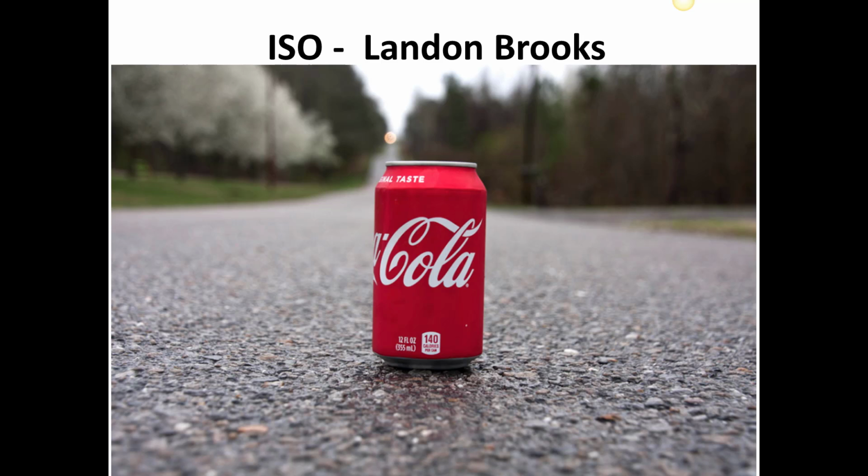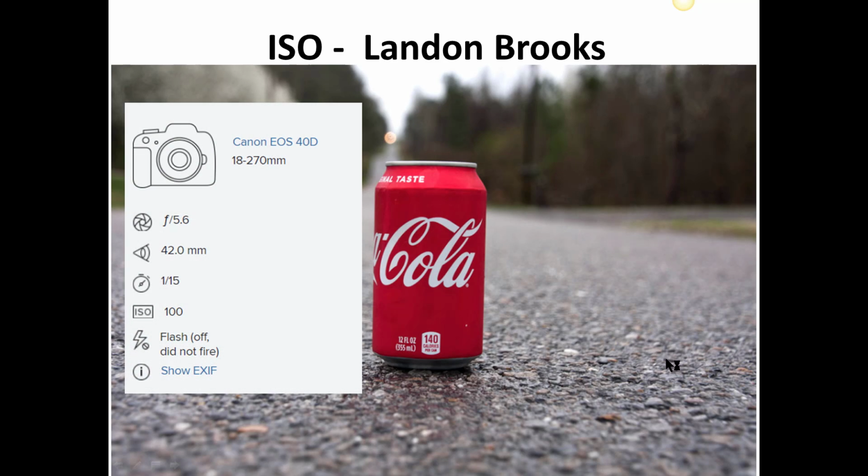But I wanted to show you in this assignment what the difference is between using a low ISO. And so here we have a photograph from Landon Brooks, and I really very much like how he set this up with the Coke can here on the road.